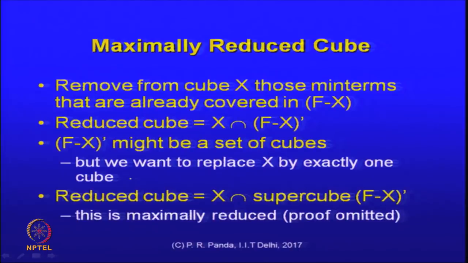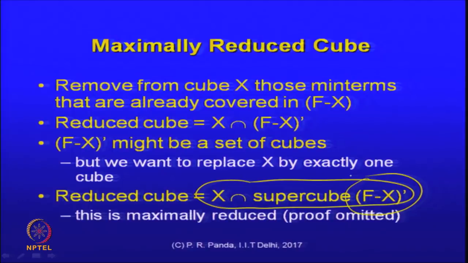Then the reduced cube that I am interested in is x intersected with the supercube of the complement of f minus x. That is the reduced cube that we are looking for, just because the complement of f minus x is no longer possibly just one cube, it may be more than one cube.